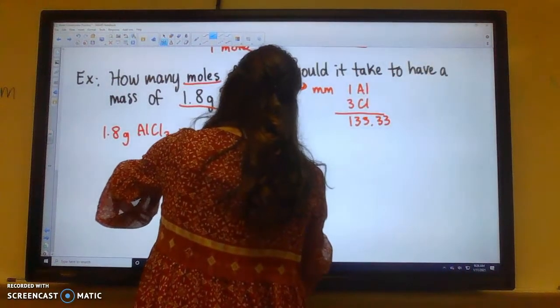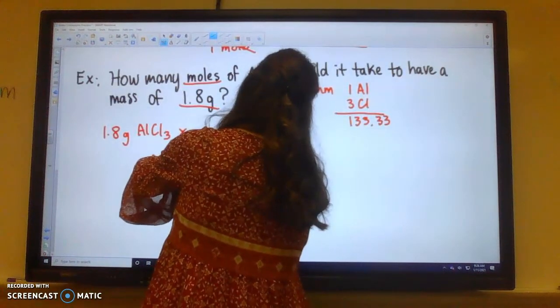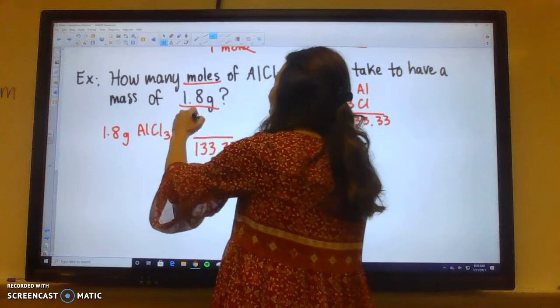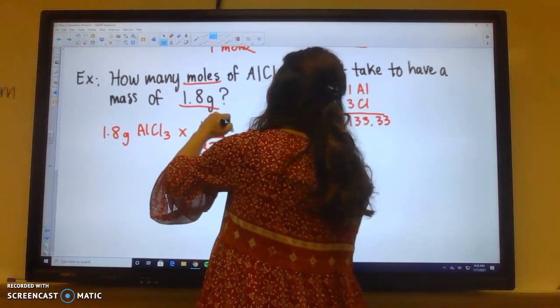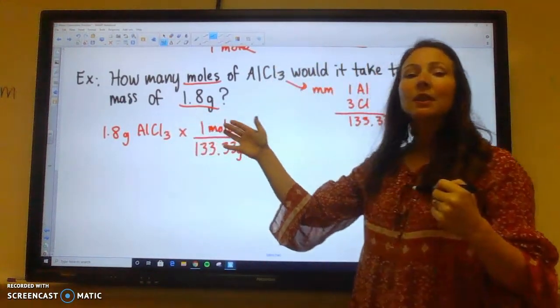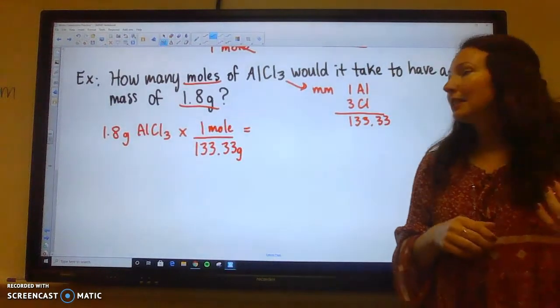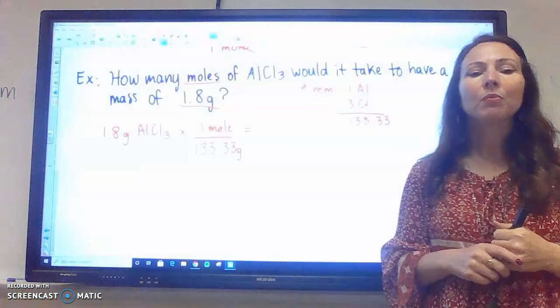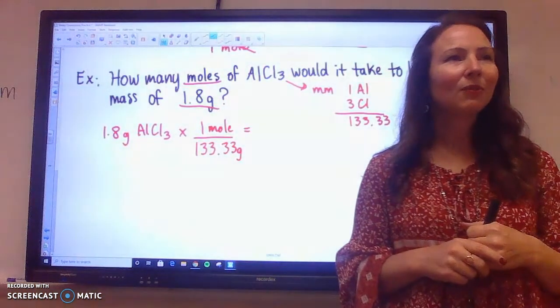That's going to go in the denominator because we started with grams. Therefore, the molar mass, grams part, goes in the denominator. Numerator is 1 mole. So this is going to be a division in disguise. So I need someone to take 1.8 and divide by 133.33.